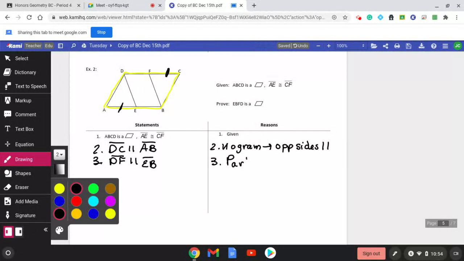Parts of parallel lines are parallel. Make sense? If the bigger ones are parallel, the shorter versions should be parallel. Parts of parallel lines are parallel.